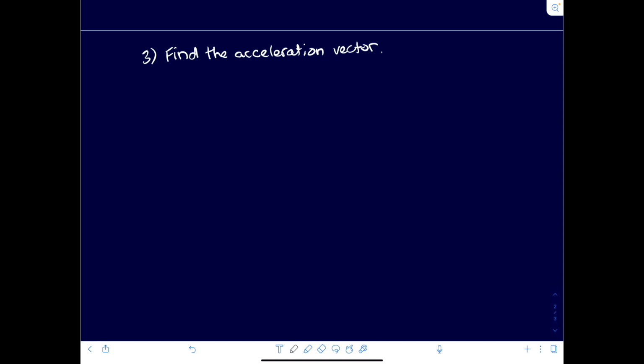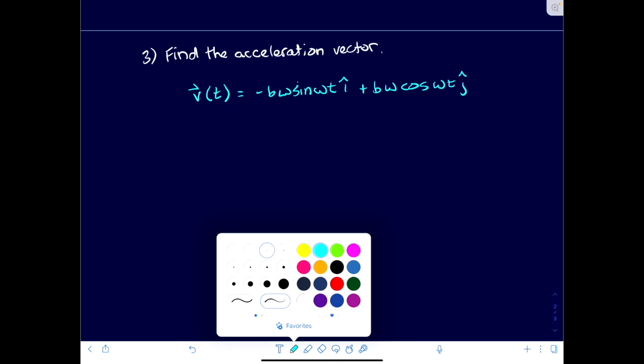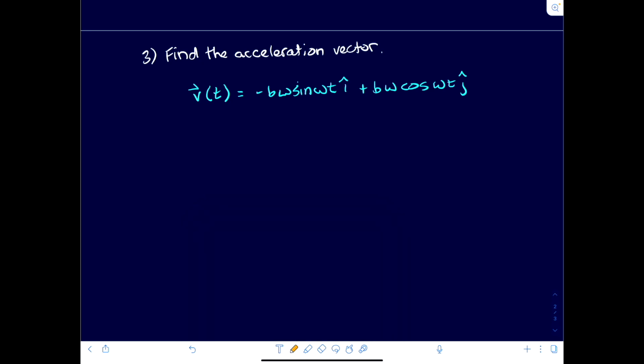So recall that our velocity vector that we found was equal to negative b times omega sine of omega t times i plus b times omega cosine of omega t times j. And so differentiating with respect to t, we can find the acceleration vector, right?